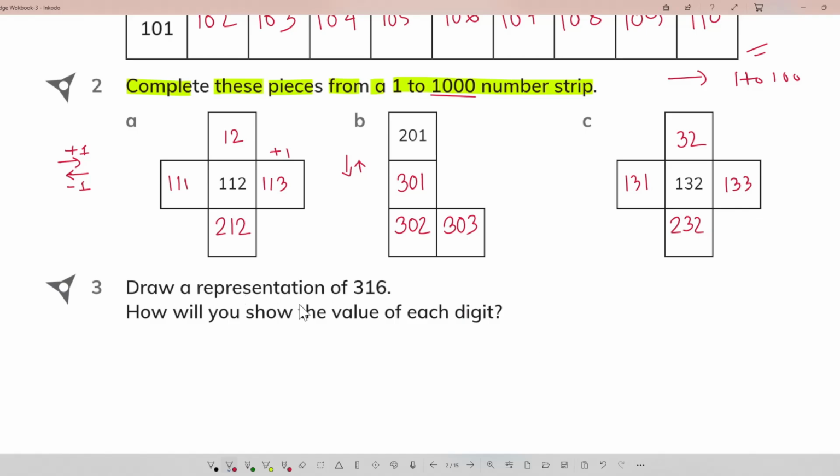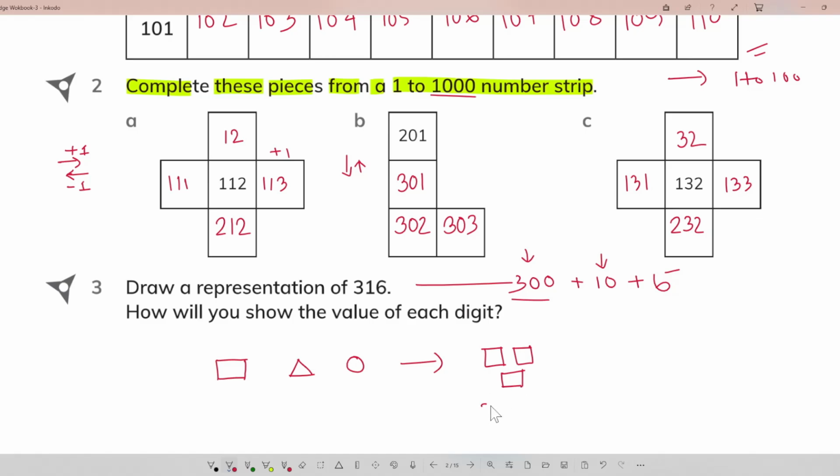Okay, draw a representation of 316. 316 means 300 plus 10 plus 6. It's ones, it's tens, and it's hundreds. So let's consider a square shape to represent 100, a triangle to represent 10, and an oval to represent ones. So here is 300, so we can draw 1, 2 and 3 squares.